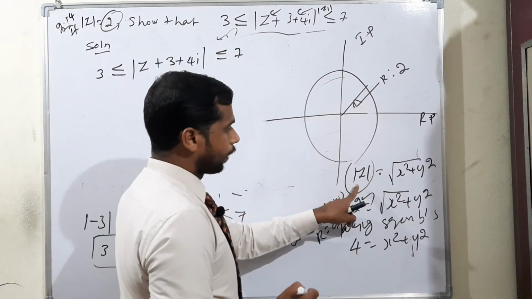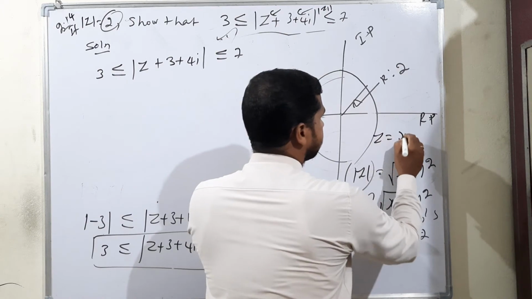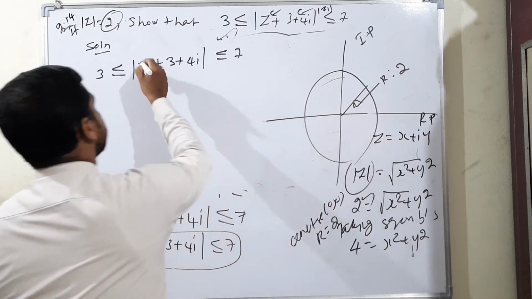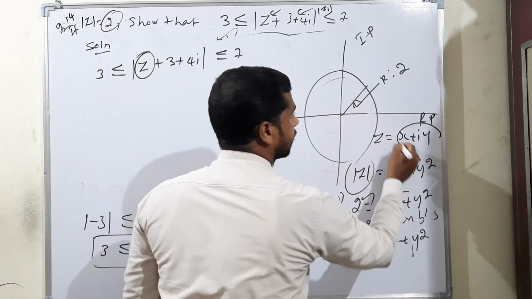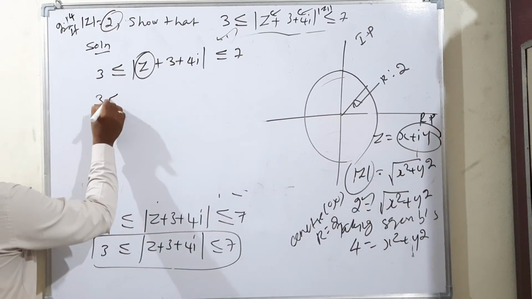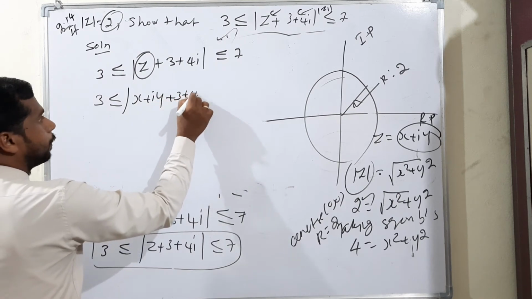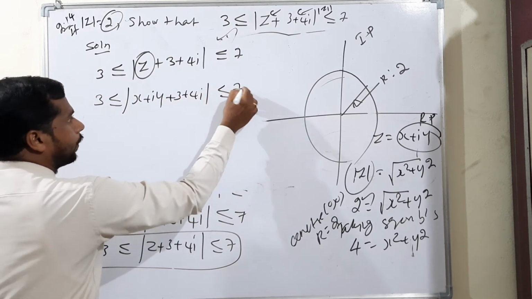Starting from the line I wrote, what is the meaning? z is equal to x plus iy, and the modulus of z means square root. So instead of z we can write x plus iy. So 3 is less than or equal to the modulus of x plus iy plus 3 plus 4i, less than or equal to 7.